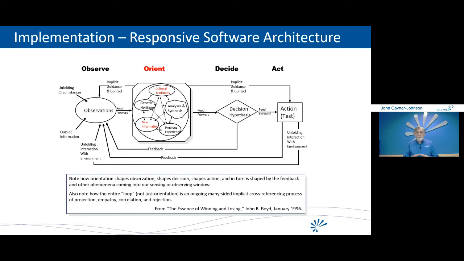But if we're going to build responsive software architecture, we're going to have to meld new information. And the only way we can get new information for our software architecture is to actually deploy something. It's design, build, deploy, learn, repeat, make more stuff, right?